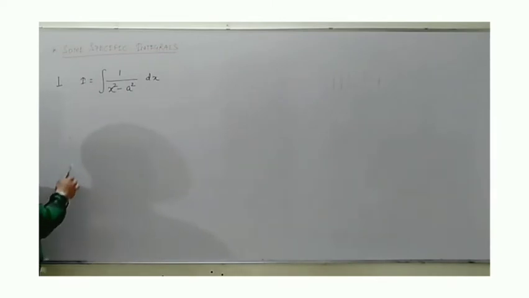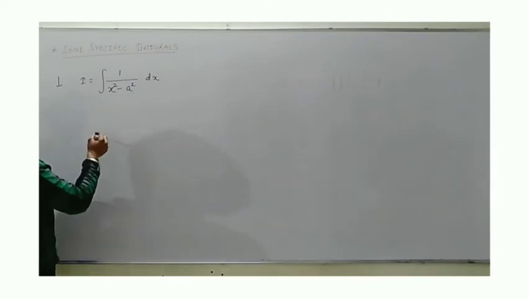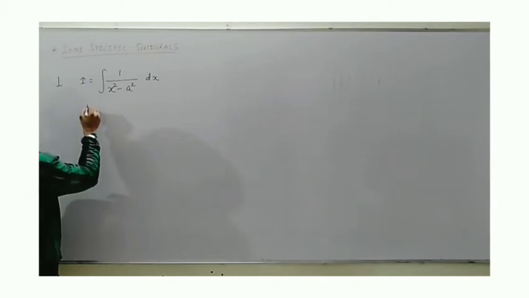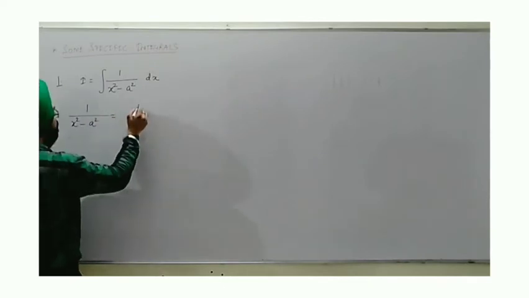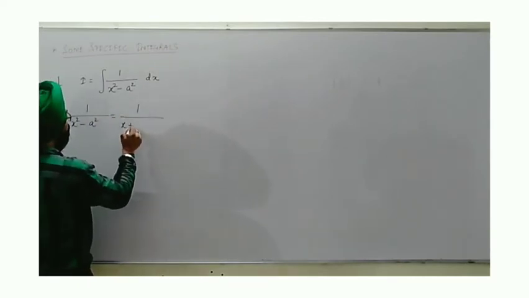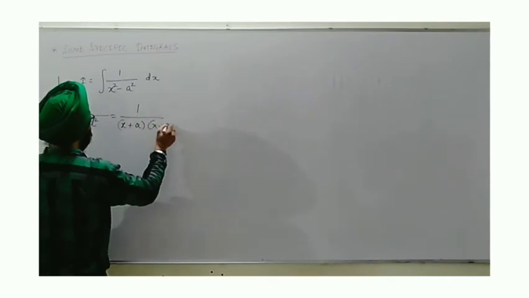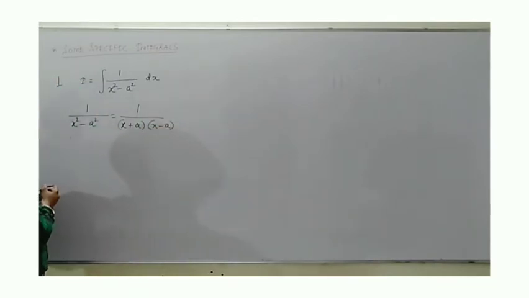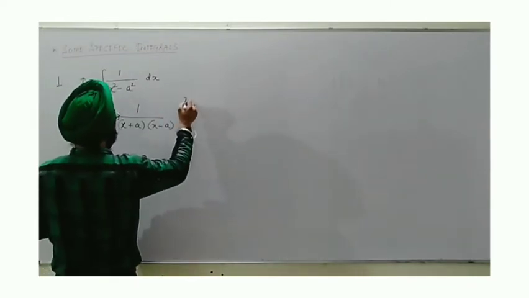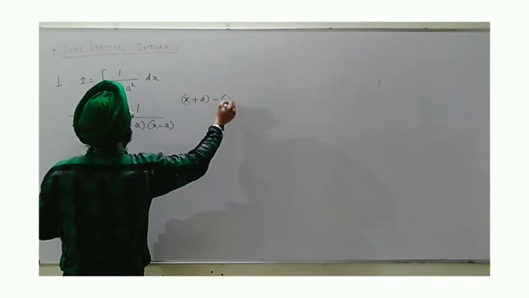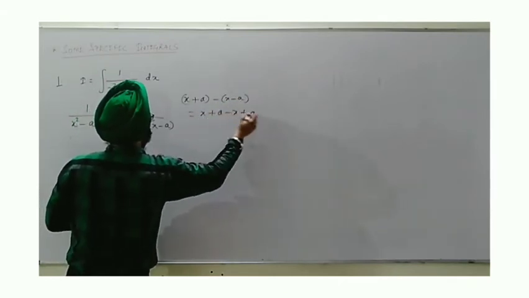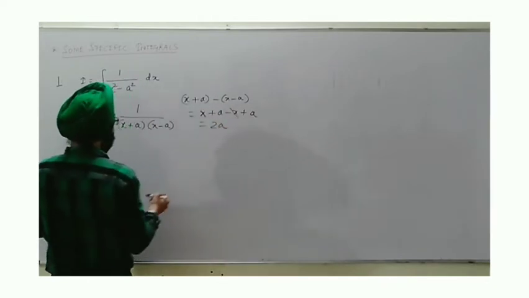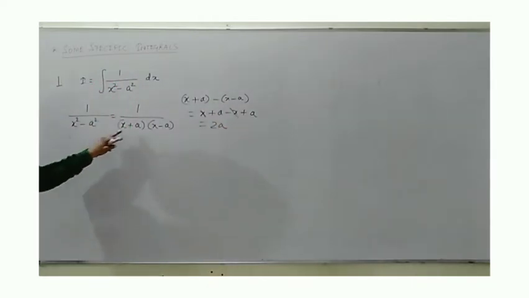How to derive this formula? We will solve its integration as follows. 1 upon x square minus a square can be split up by the identity a plus b, a minus b, as x plus a, x minus a. Now, if I see the difference of x plus a and x minus a, x cancels out and it equals 2a.